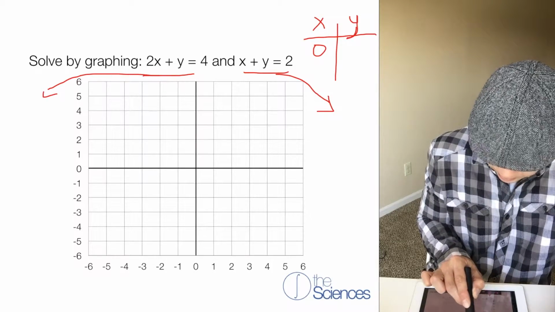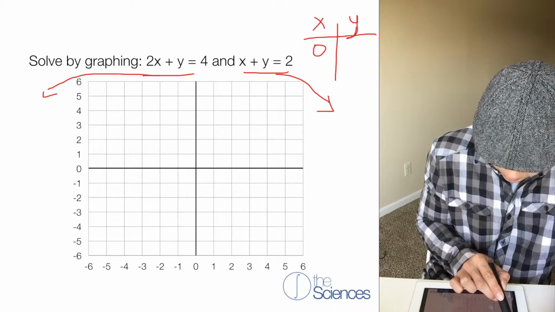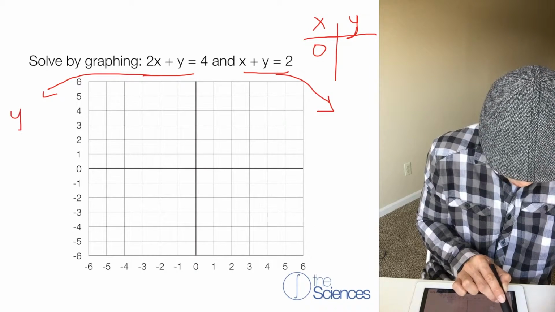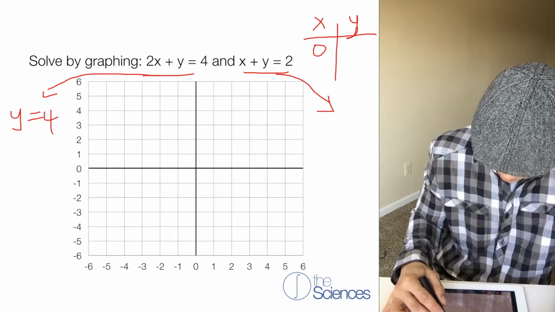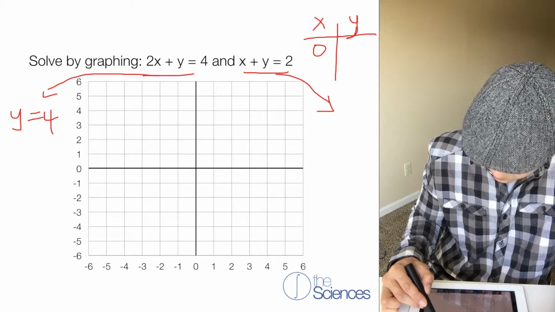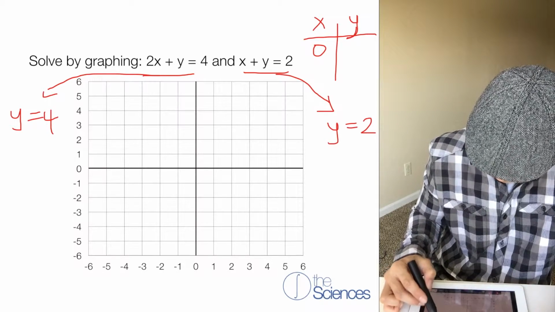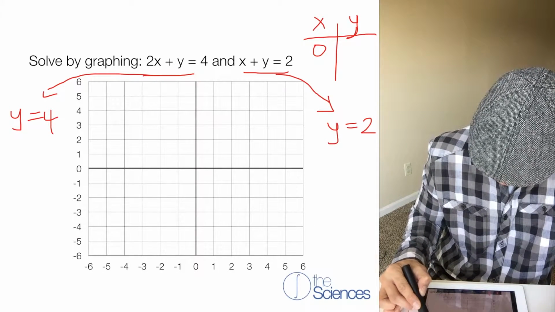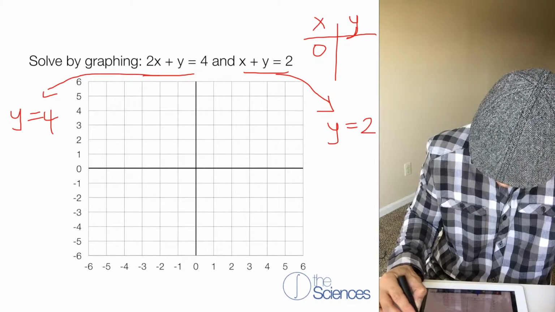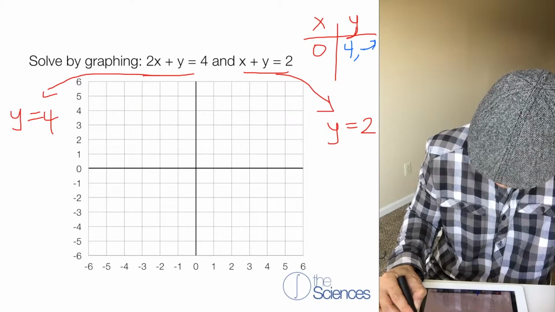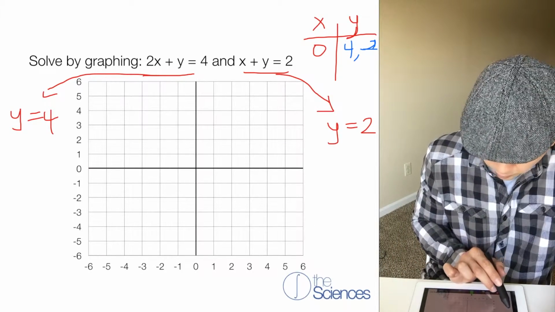When x is 0, we have 2 times 0 plus y equals 4, and then here, when x is 0, y equals 2. So we have (0, 4) and (0, 2). Now let's pick another point.